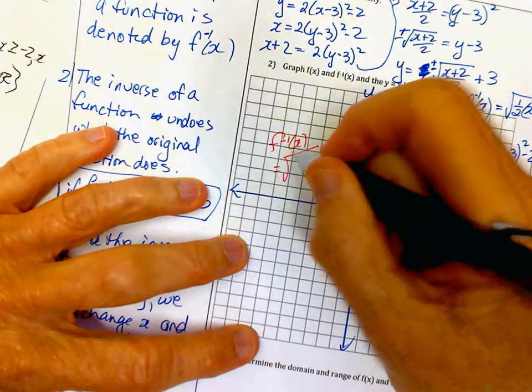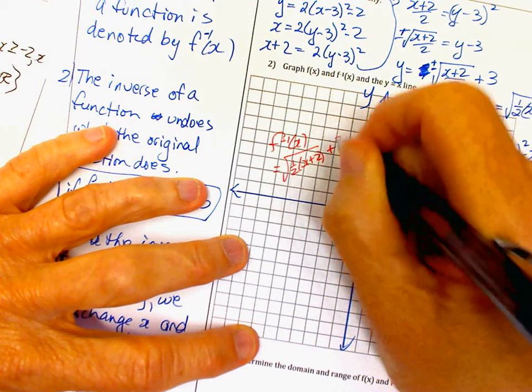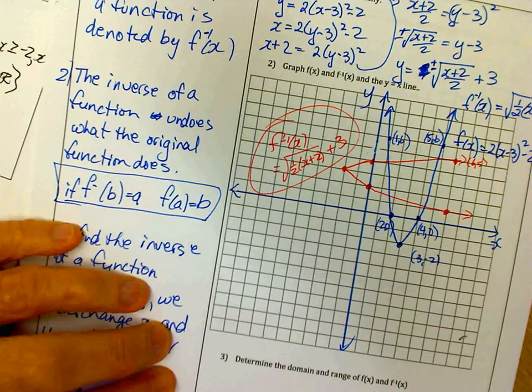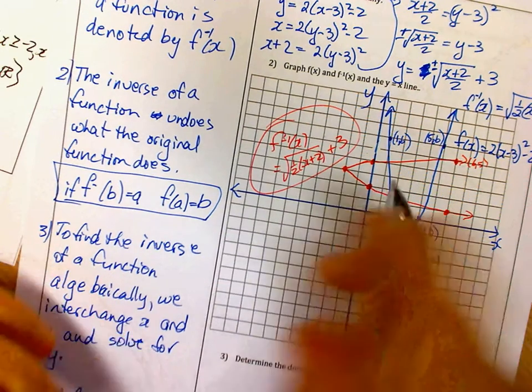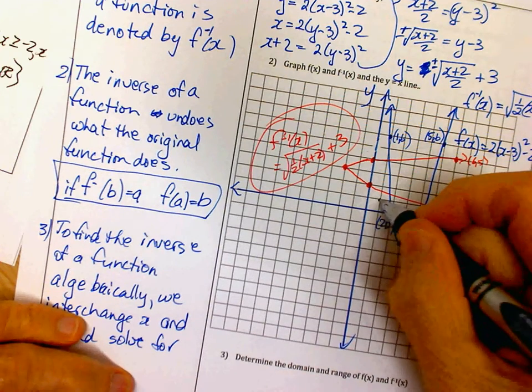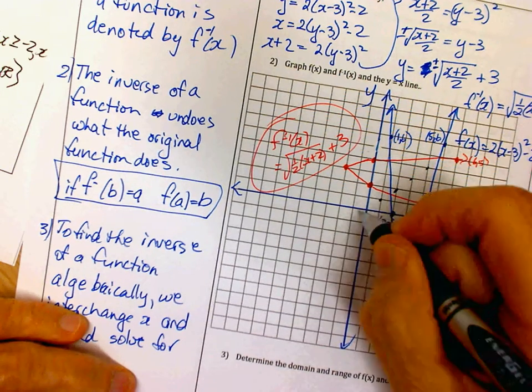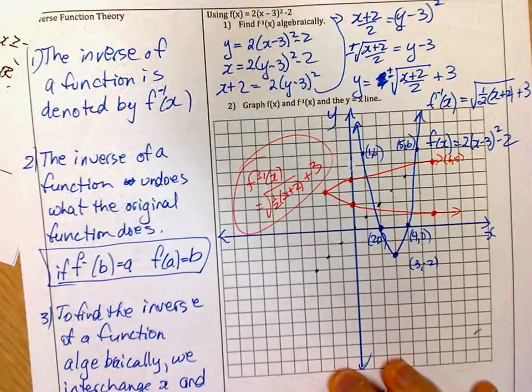So notice the inverses are symmetric about the y equals x line. The y equals x line is happening here. And that is a characteristic of inverse functions.